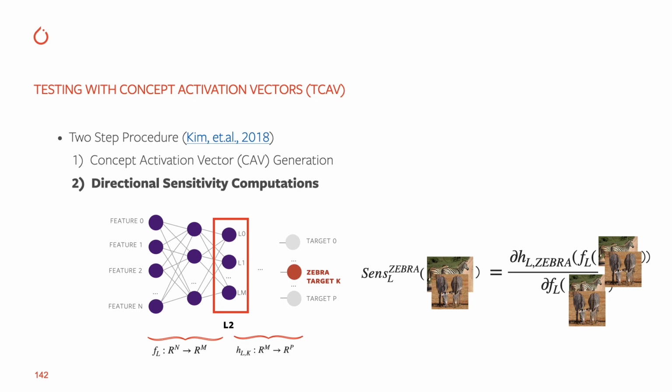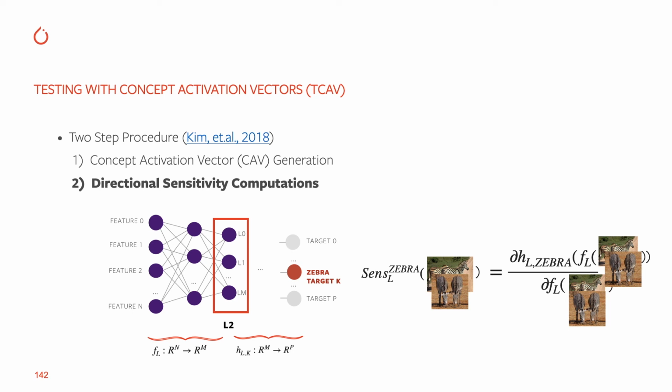After computing the CAVs, let's move to the second step and compute directional sensitivities. Let's recall from the previous slides that our goal is to identify which concepts are important for predicting the zebra object on the images. For those reasons, we would like to understand the sensitivity, that is the gradients, of the output zebra prediction with respect to the output of our L2 layer. This is exactly what we do in step 2.